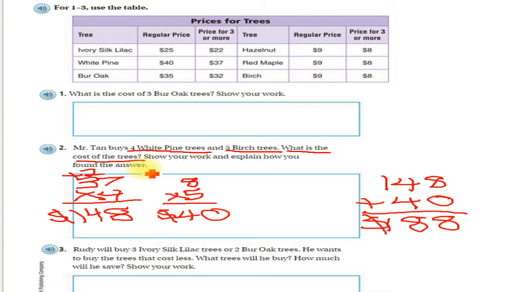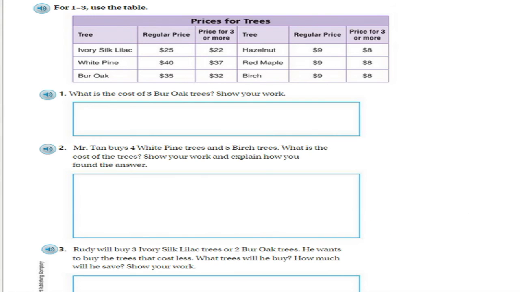Now, explain how you found the answer. So this is another part. You guys can write a little smaller. I'm using this electric writing utensil, and it's a little harder to write with. So I'm going to erase what I have here. And now I'm going to explain my answer. So how did I find the answer?